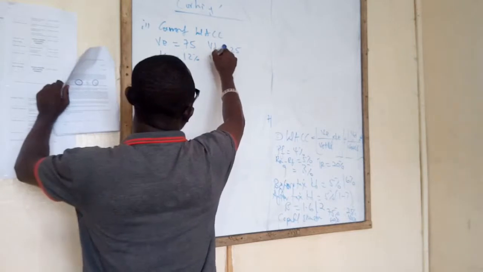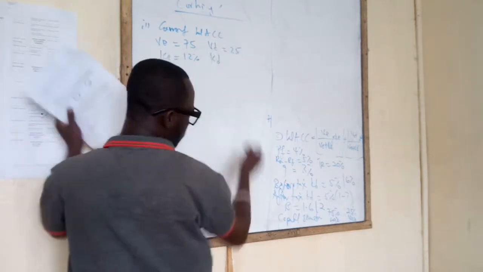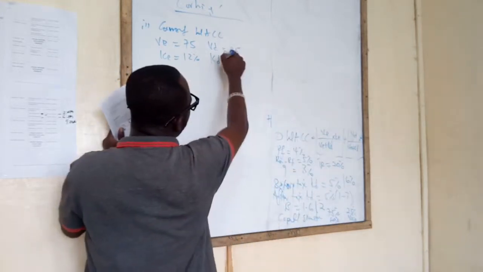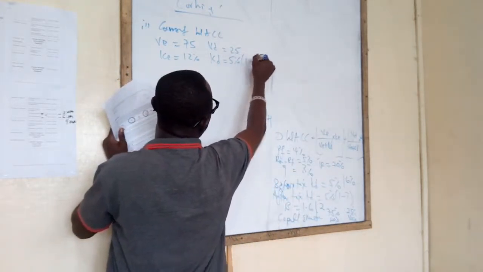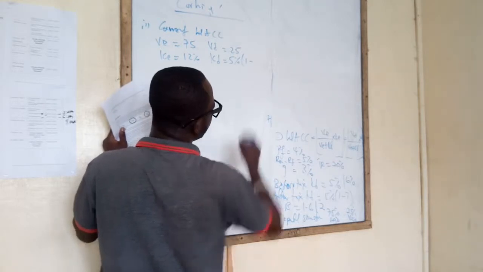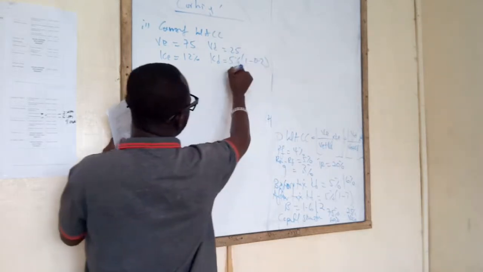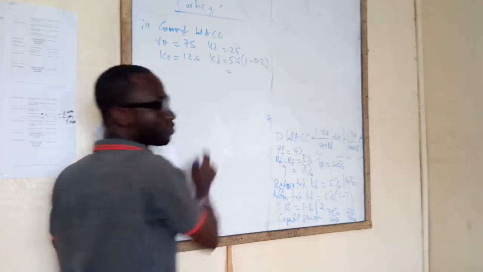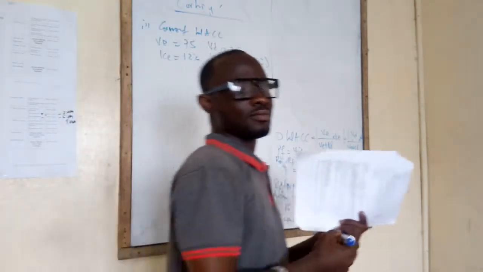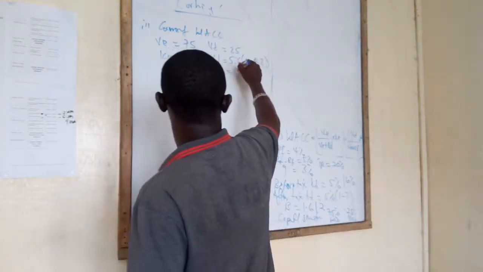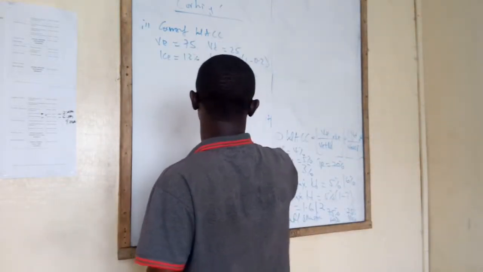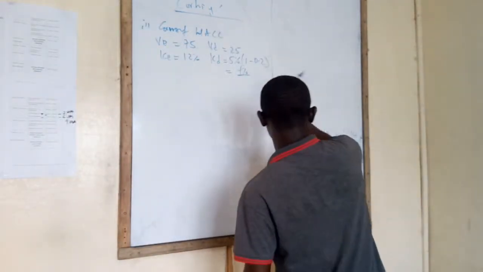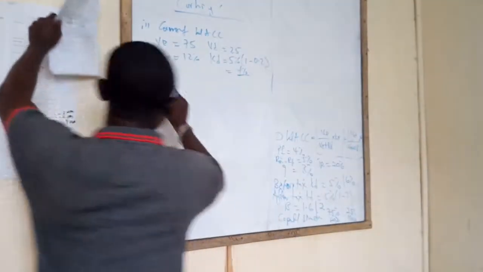And then Kd is what? It will now be Kd after tax. So now it will be 5% times 1 minus, what was the tax rate in the question? 0.2. So that gives 4%. So let's go.